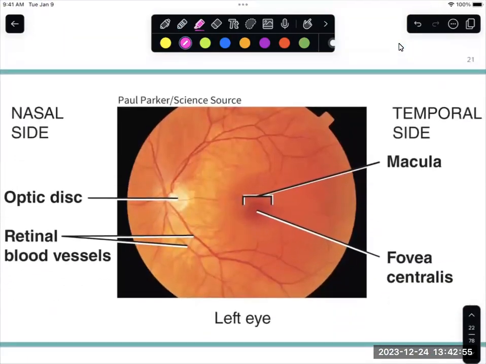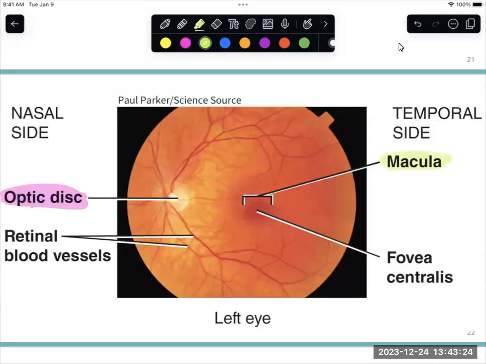Here's what the inside of the eye looks like when using an ophthalmoscope. Those of you going into nursing may actually get to try one of these. But here you can see the optic disc. It's a little bit lighter in shade than the rest of the retina. There's also this macula.